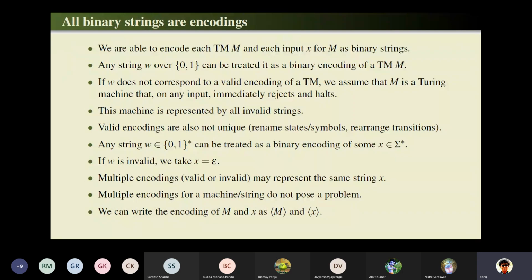It stands for the same thing, but they are not exactly the same thing. So one possibility is I can denote the encoding of M or X using a pair of triangular brackets.